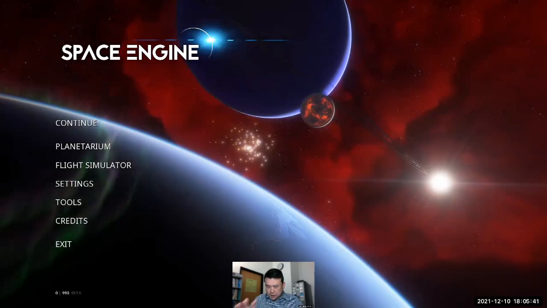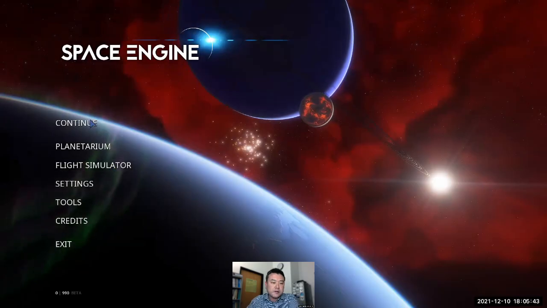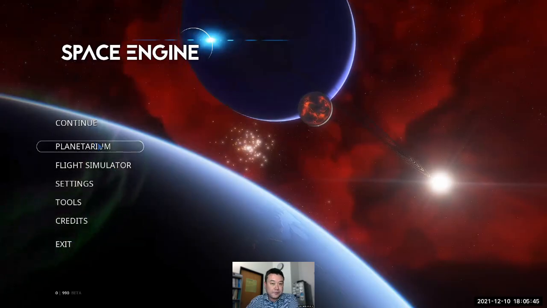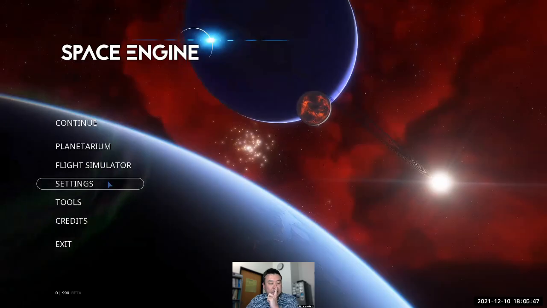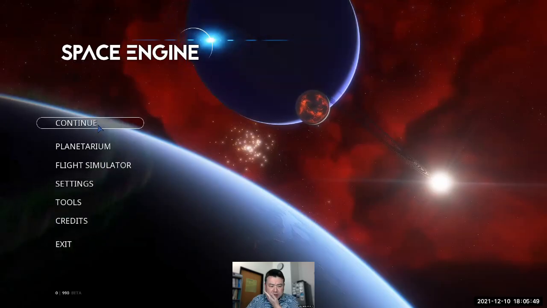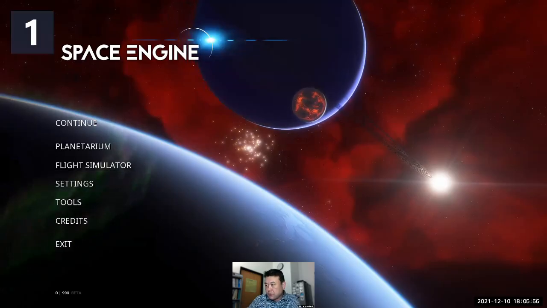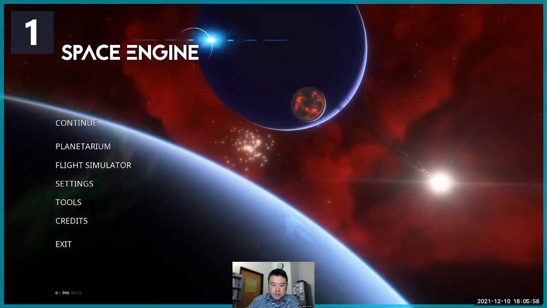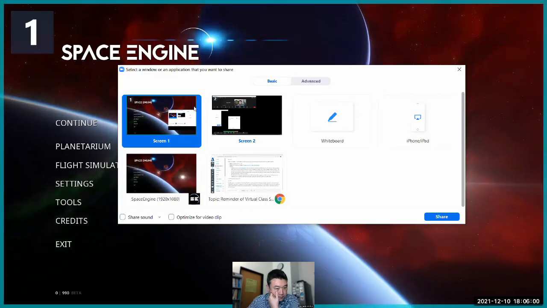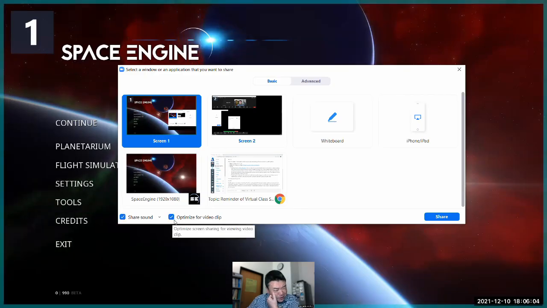My experience running this software in previous classes was with Zoom's regular share setting. I think it's trying to send it through at too high a resolution. So I'm going to change my share setting so that it's optimized for video clip. I'll see how well that goes.